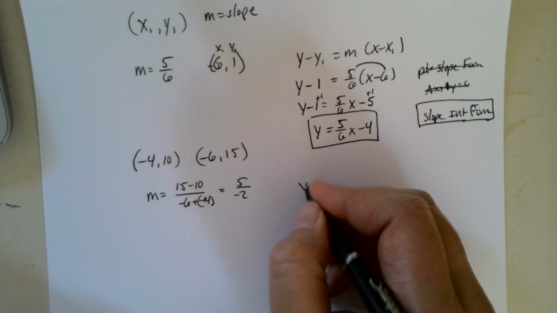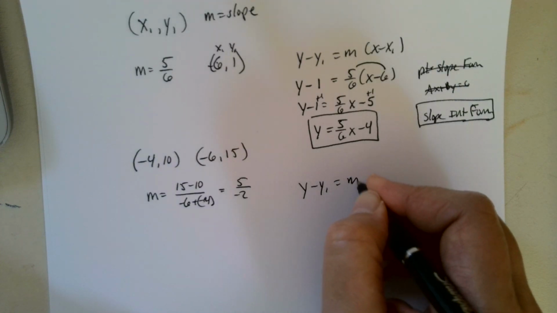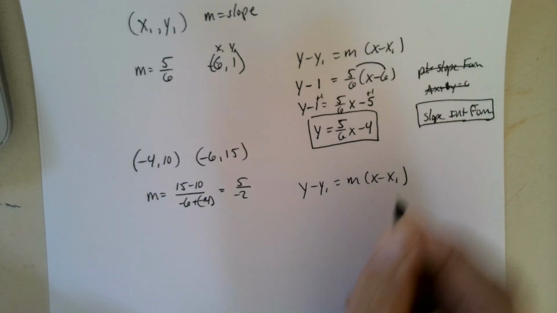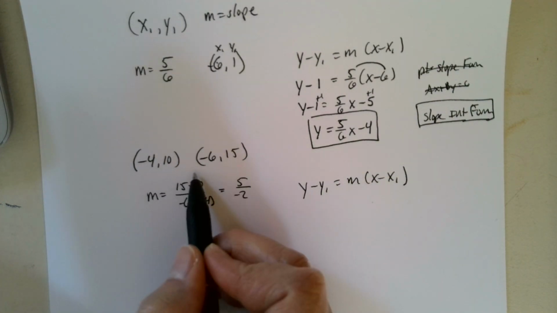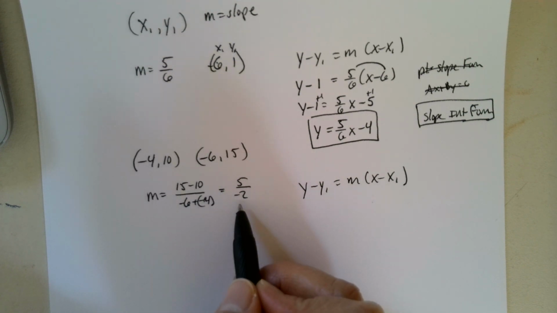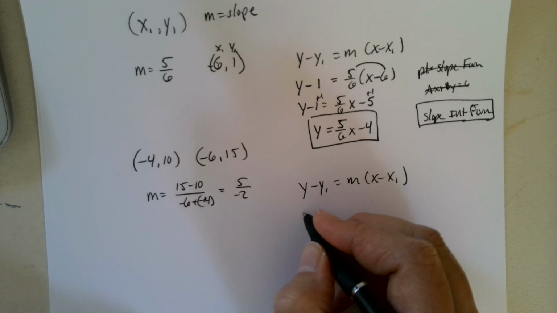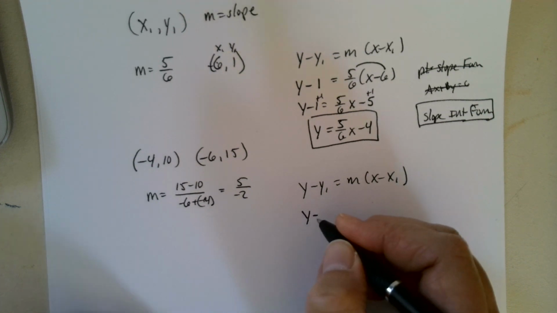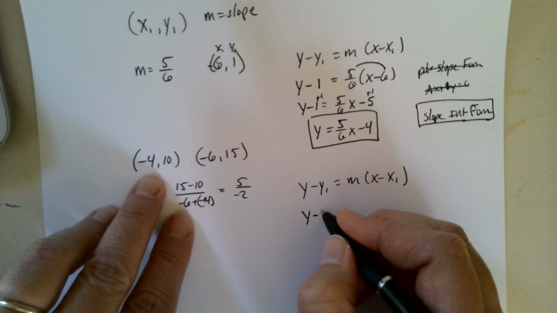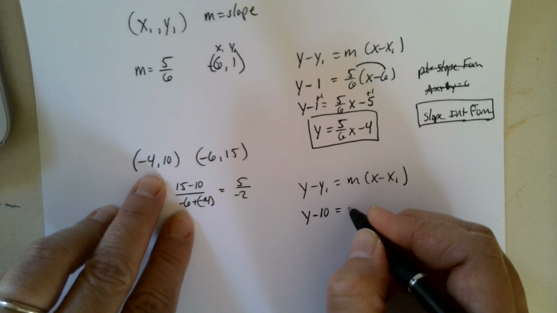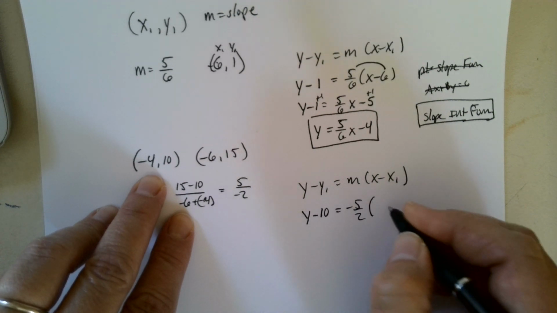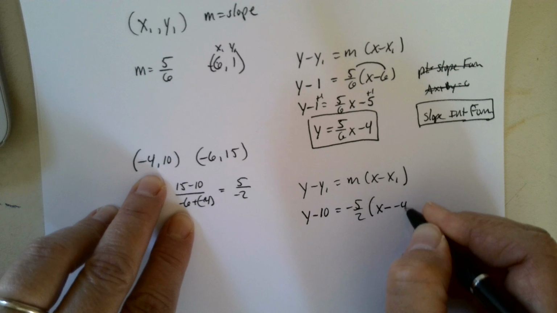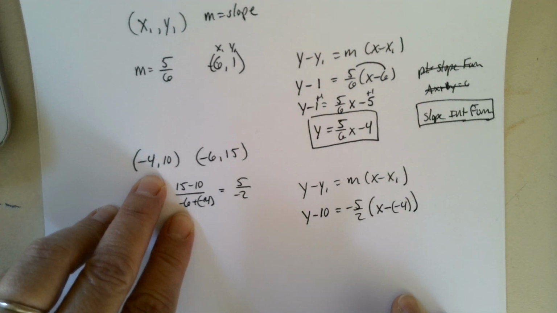And we're going to use our point-slope form. You can use either point. It does not matter. They're both on the same line, and they have the same slope. That line has the same slope everywhere. I'm going to use (-4, 10). So I'm going to put the 10 for the y1, the negative 5/2 for m, and negative 4 for the x sub 1.